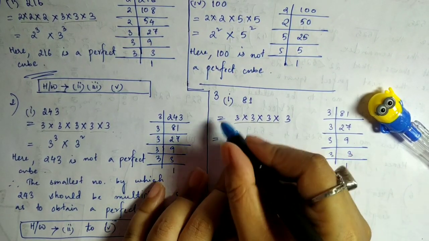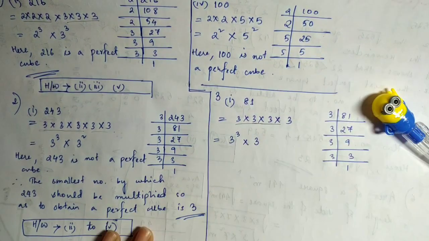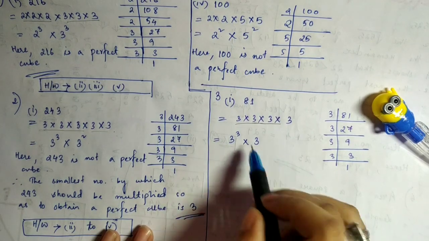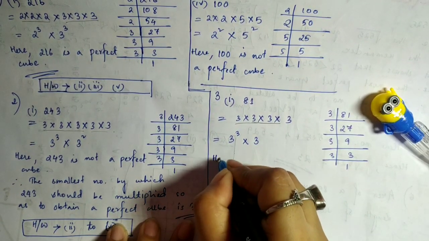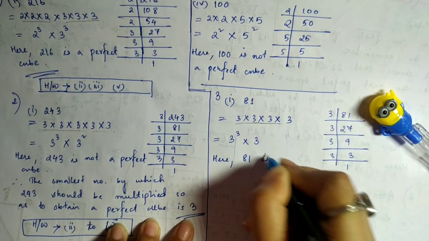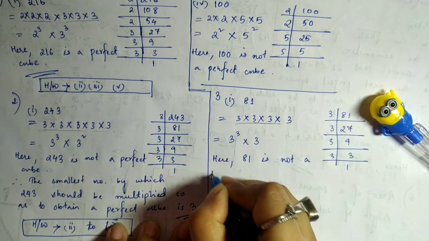If I divide this by 3, will it not become a perfect cube? So here I'll again write down, 81 is not a perfect cube.